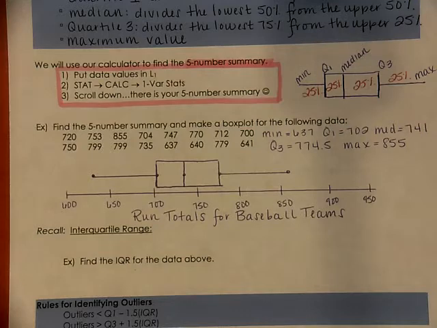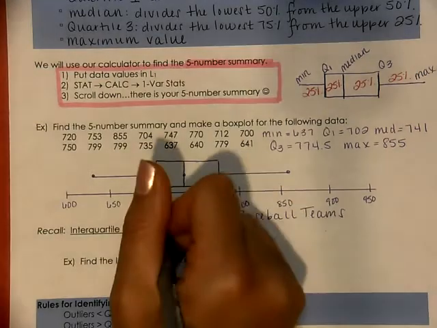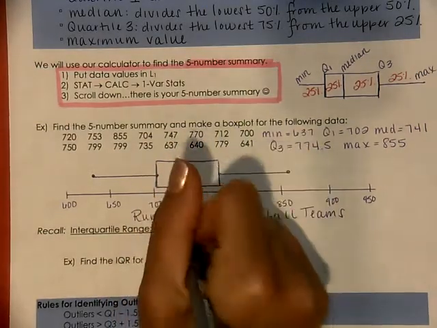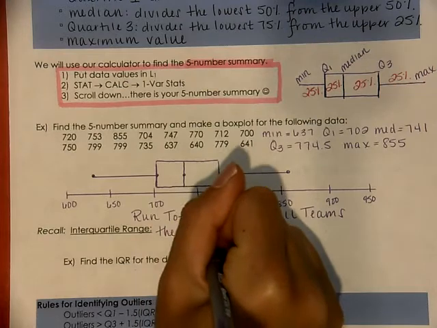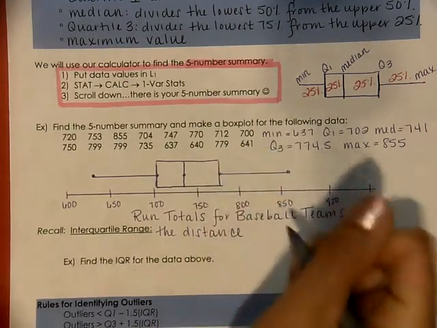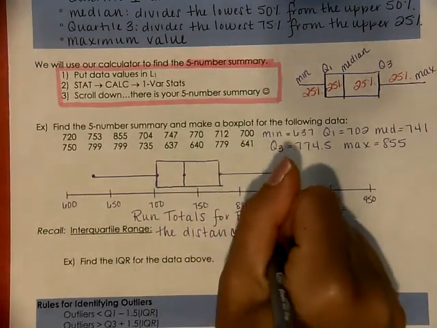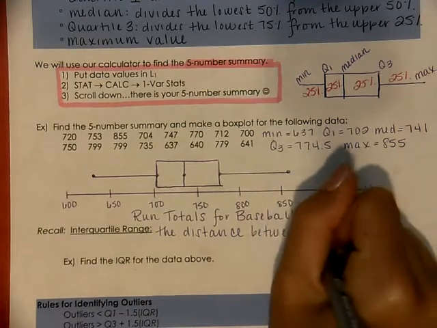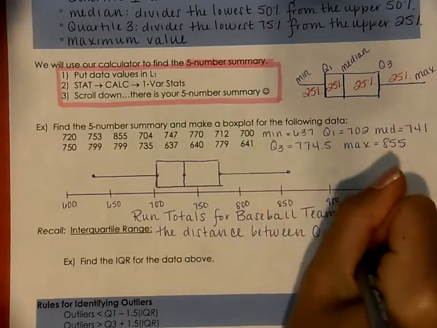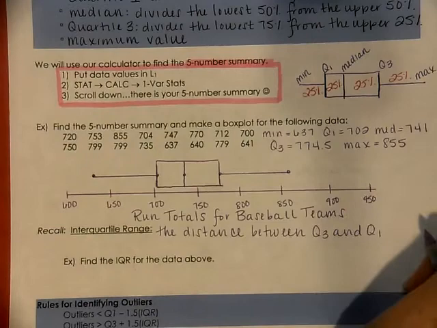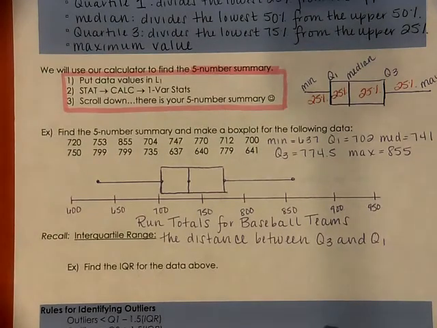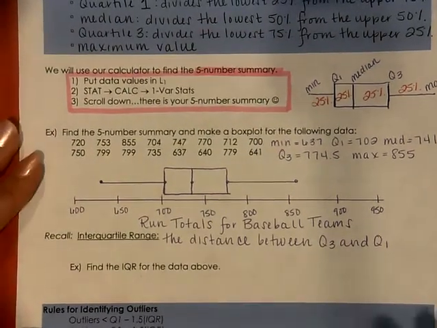Okay? So recall from the previous day's notes that the interquartile range is the distance between Q3 and Q1. And remember, it's a single number. You find the difference between the two. So find the IQR for the above data set.